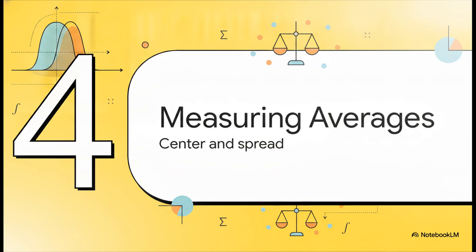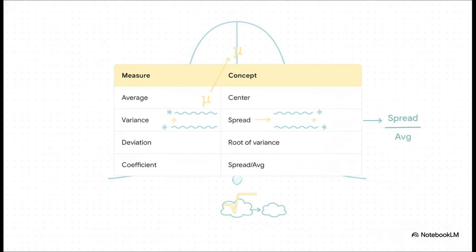of calculating our findings. Now, we don't need to get bogged down in the heavy calculus from the source right now. We really just care about what these functional outputs tell us about the center and the spread of our data. First up, we have the average, also called the expected value. It's represented by the Greek letter mu. Just think of it as finding the true expected center of our distribution.